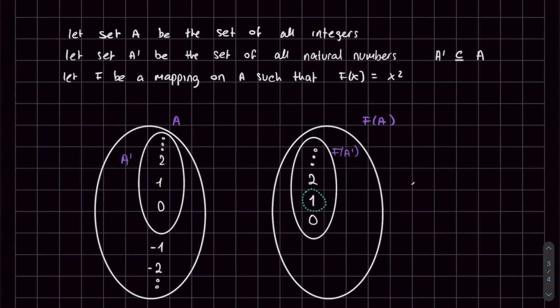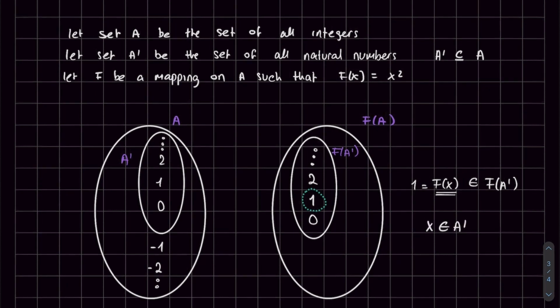So we know 1 is the image of some element x, and we know 1 is an element of f of A prime. So this is what we had before. So f of x is an element of f of A prime. So can we conclude that x has to be in A prime? Well, let's have a look.